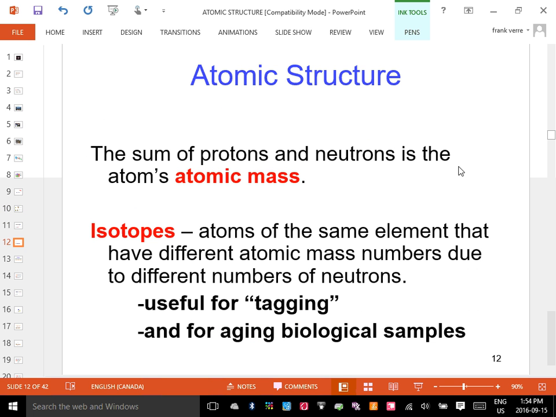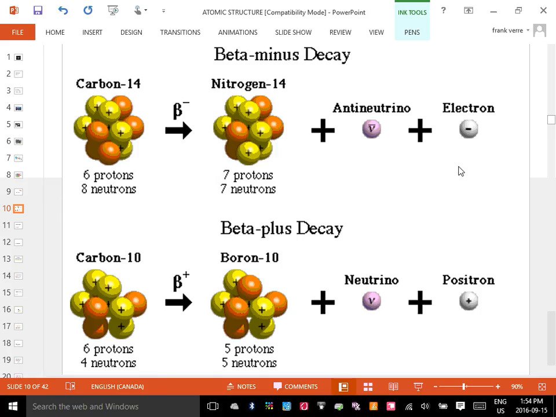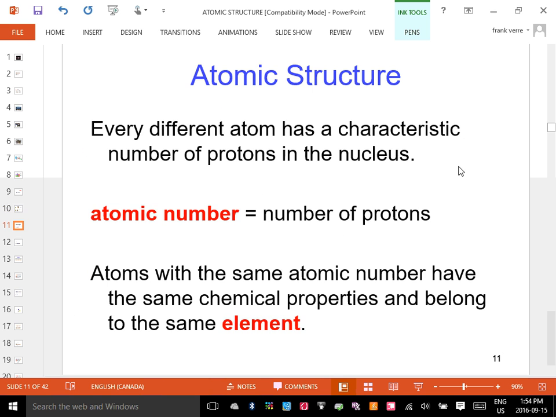Now, the mass is different. The mass number is not just the number of protons, it's the number of protons and neutrons. So, what would be the mass number for the carbon atom in the top left corner? It'd be 14. What would be the mass number for the carbon atom in the bottom left corner? 10. Okay? It's the number of protons and neutrons.